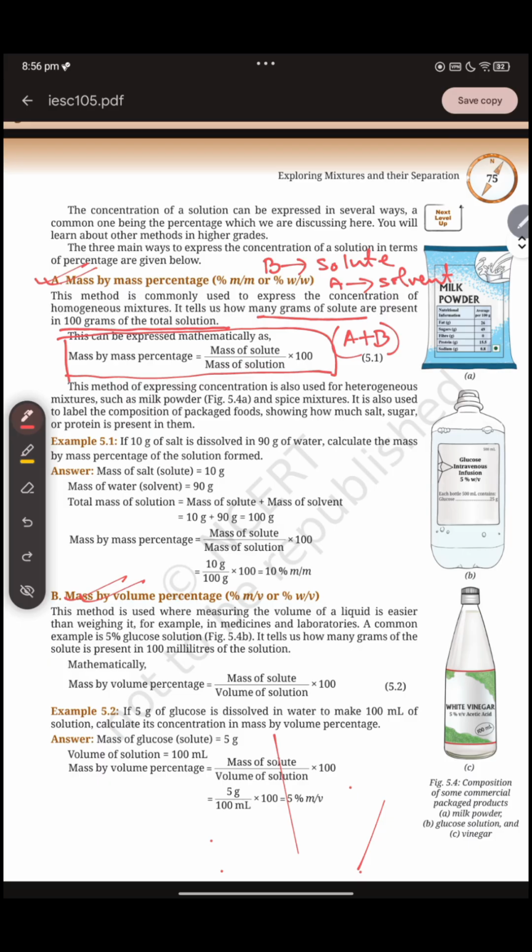If I say mass of solute is WB, then WB by total mass of the solution into 100 is the mass percent.